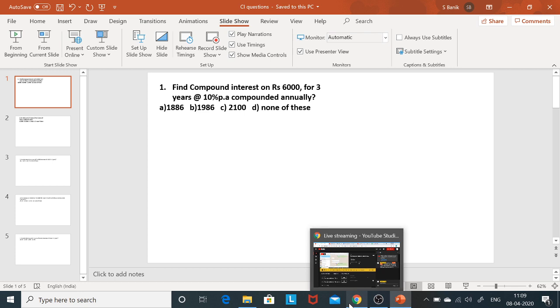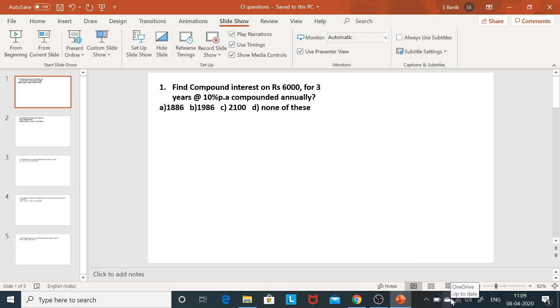So, the first question, as you can see on the screen. If you read the question, the first question is: find compound interest on rupees 6,000 for 3 years at the rate of 5% per annum compounded annually.